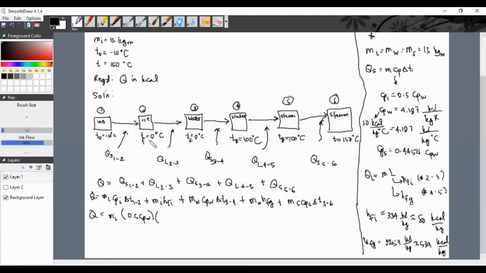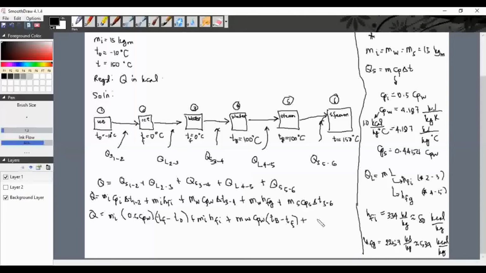So in this case, T sub F minus T sub O. Okay? Plus mass ng ice, HFI, plus 3 to 4, we have mass ng water, Cp ng water, times delta T natin, final minus initial, yung boiling point minus yung ating freezing point. Okay?